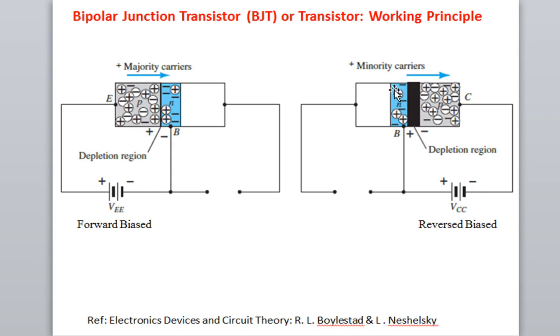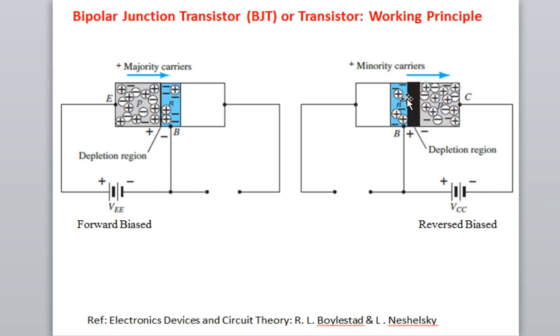If you see the direction of this reverse saturation current in a PN junction in reverse bias, this is P and this is N. The positive is connected with N, and the negative is connected with P. So this is in reverse bias. The hole will move from N to P, and the electron will move from P to N. Here the electron is a minority and here the hole is a minority.